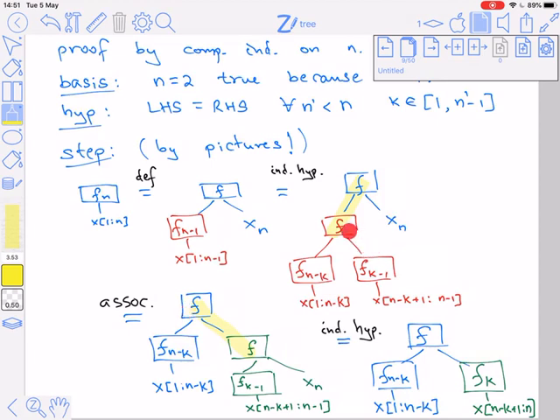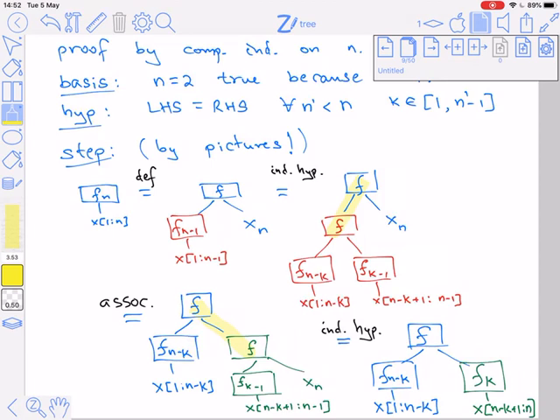This bit will be the left child of the second instance of f, and this bit will be the right input of the second instance of f. So this equality holds by associativity. Okay, this input equals this input equals this input, and this input, of course, equals this input. Very good.